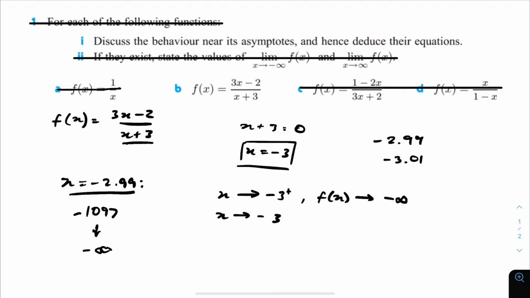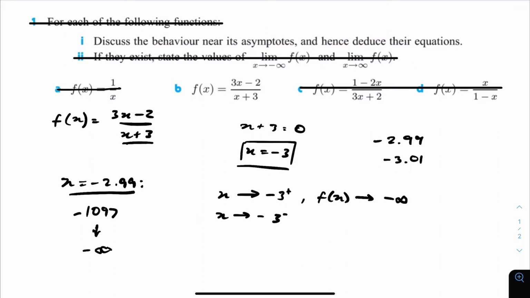And if we take it the other way around, x tending towards negative 3 minus, where we have negative 3.01 as that minus value, if you substitute that in, we should get a function that's tending to a positive value. But let's just double check that. 3 times negative 3.01 minus 2, divided by negative 3.01 plus 3.